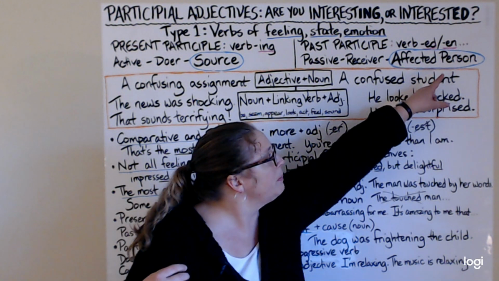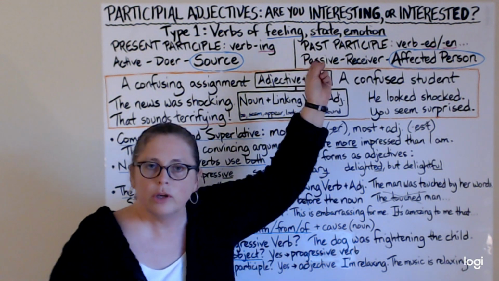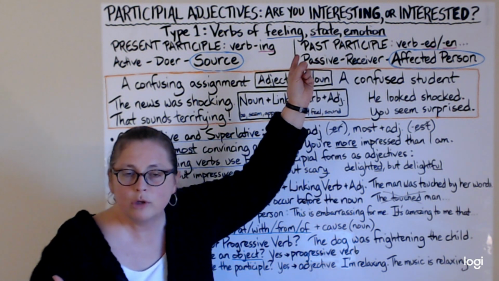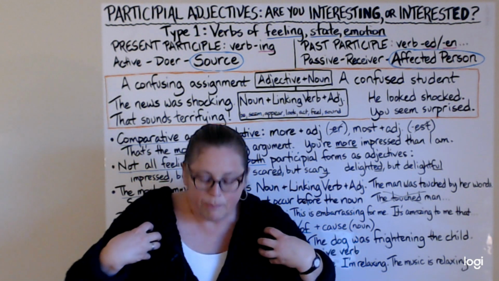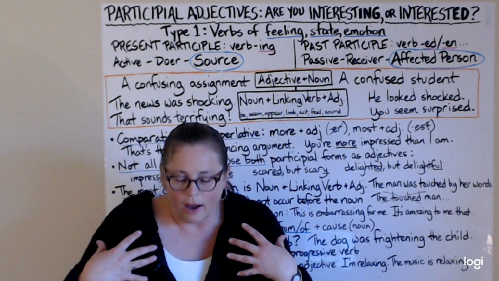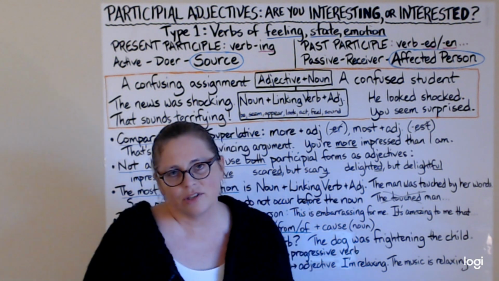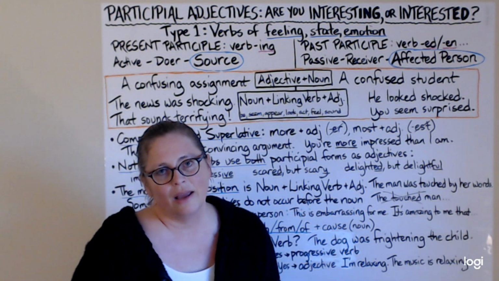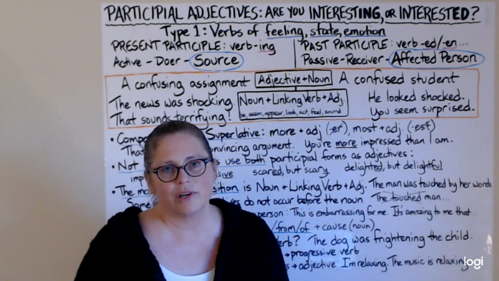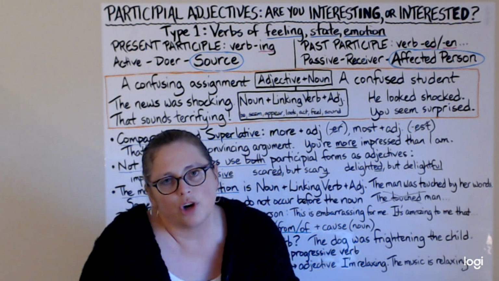Now, why do I say person? Because when you're talking about feelings, emotions, it's a person who is affected. Maybe an animal. Sometimes you might talk about an animal's feelings. But you can't say the tired computer unless you're joking.